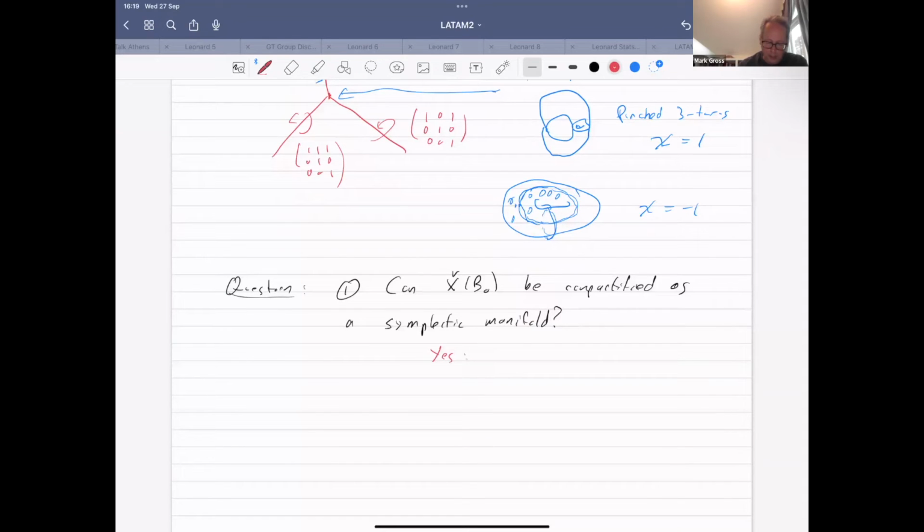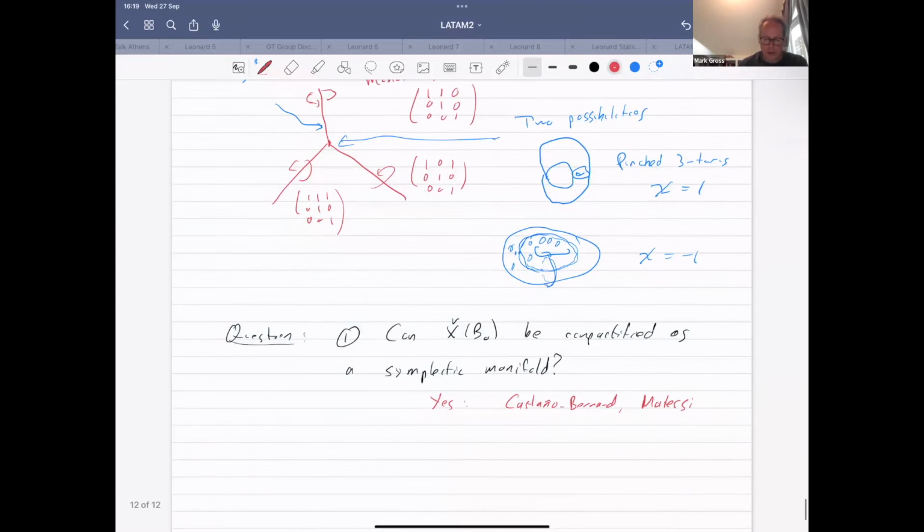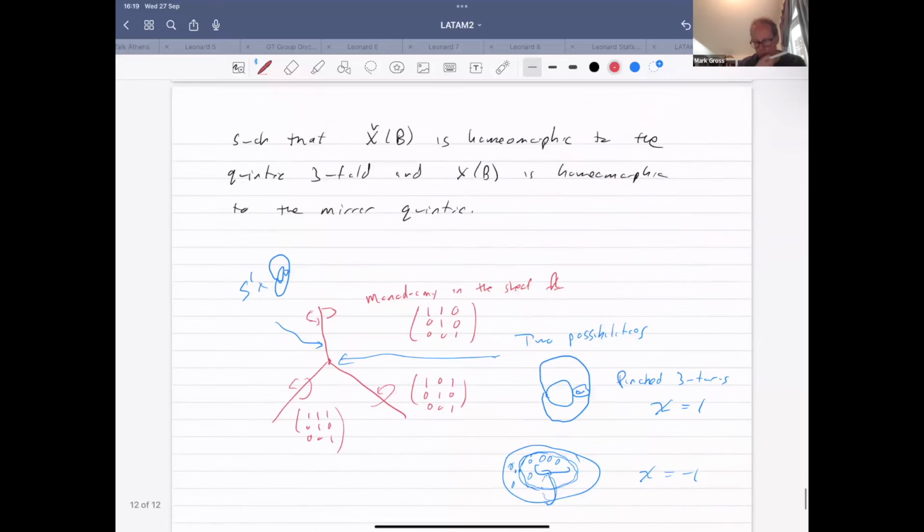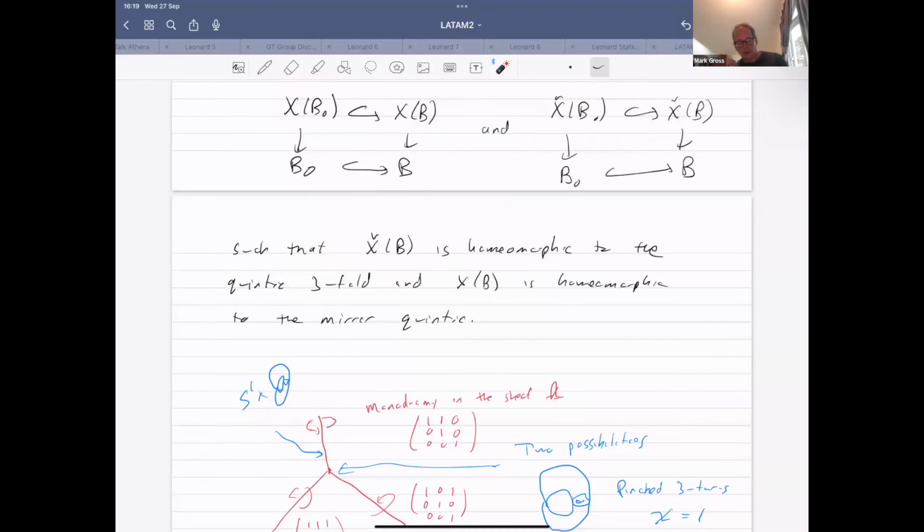And this was carried out by two of my former students, Castaño-Bernard and Matessi. The point is that essentially there's no real moduli to Lagrangian torus fibrations. The Lagrangian torus fibration is completely determined by the base, by the affine structure of the base, and that's more or less the content of the Arnold-Liouville theorem, or slightly fancier versions of it.